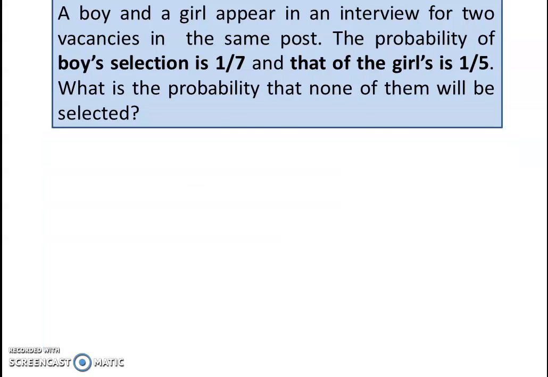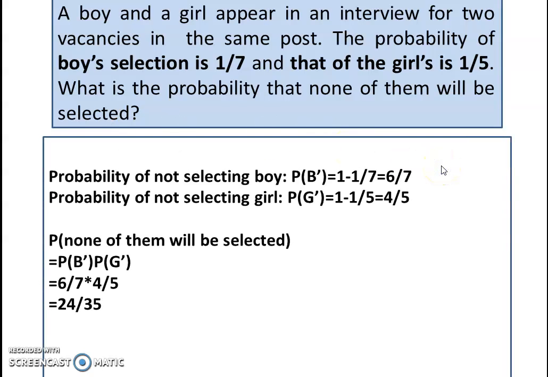Next question is, we need to find the probability that none of them will be selected, right? So in this case, the probability of not selecting the boy is 6 upon 7 as we already calculated, and the probability of not selecting the girl is 4 upon 5. Now we need to find the probability that none of them will be selected.